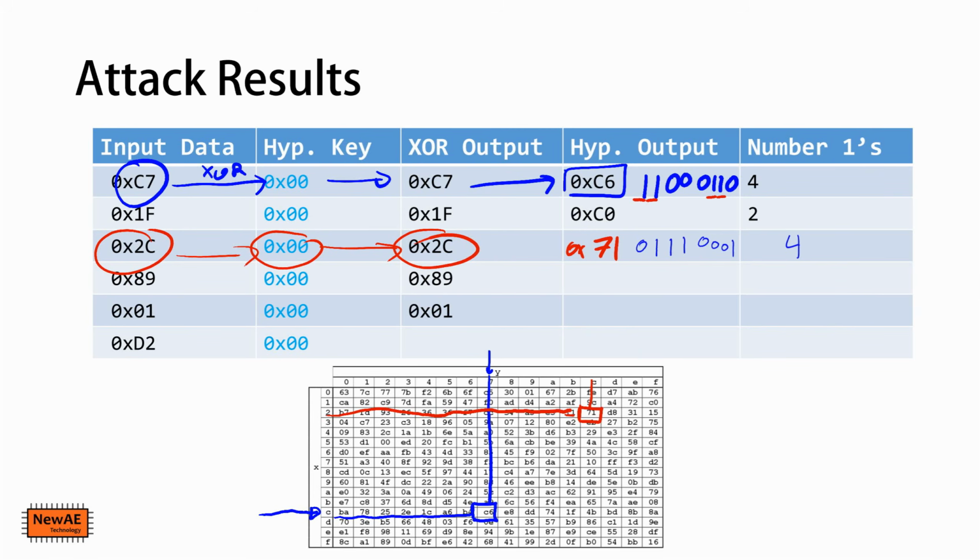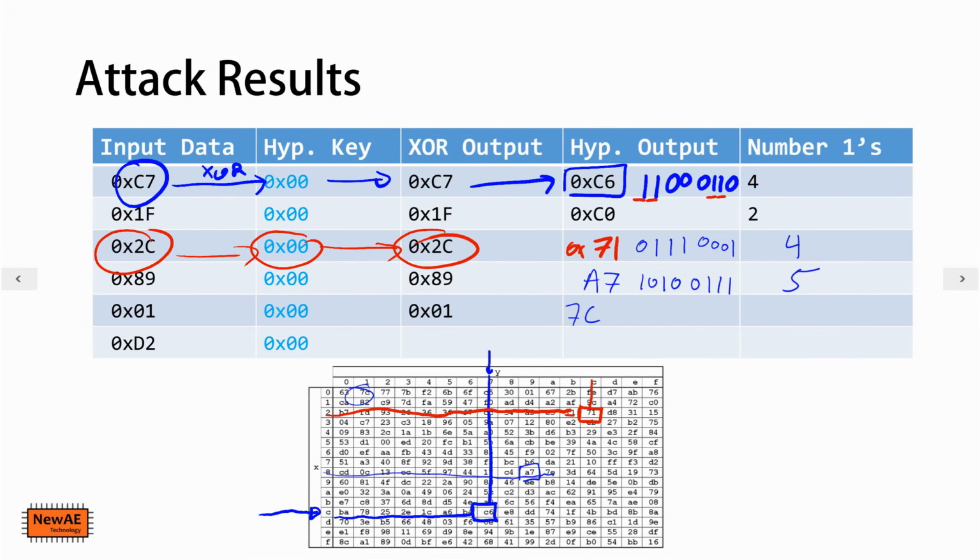Hex 89, same thing. We had 89 input, XOR with 0 gives us 89. We use our lookup table, 8, oops, too far. 8 9 here would be A7. And again, this should be 1 0 1 0 0 1 1 1. So 3, 4, 5. So we have 5 ones. Same thing with an input of 01. That gives us 7C.